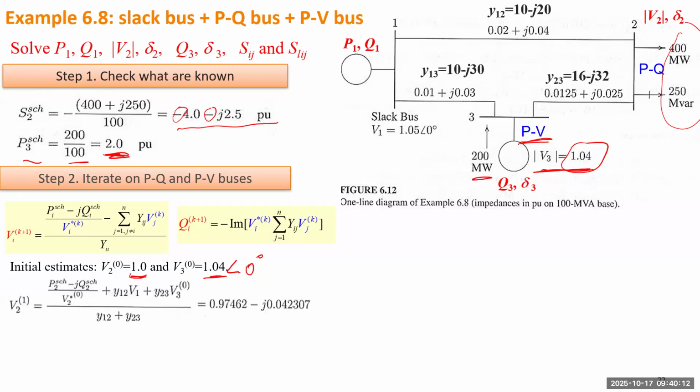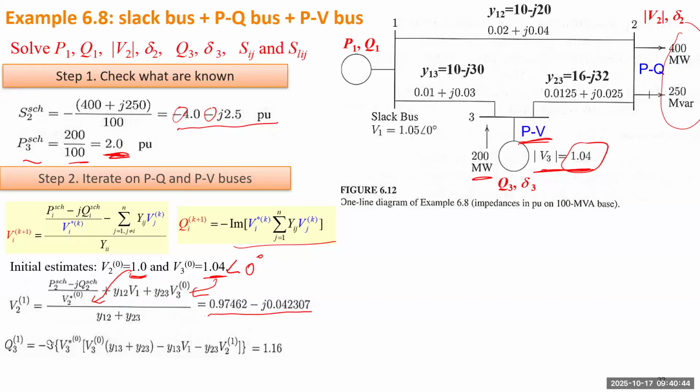All right, from the first formula, we plug in those initial estimates. Then we can get the voltage phasor for bus 2. Then for the reactive power of bus 3, we simply use this formula.